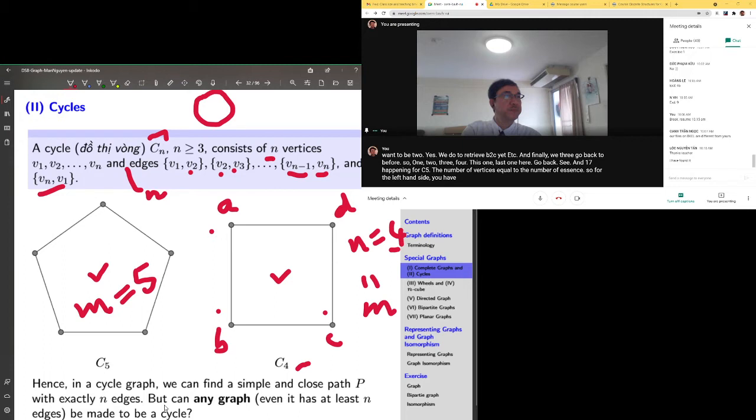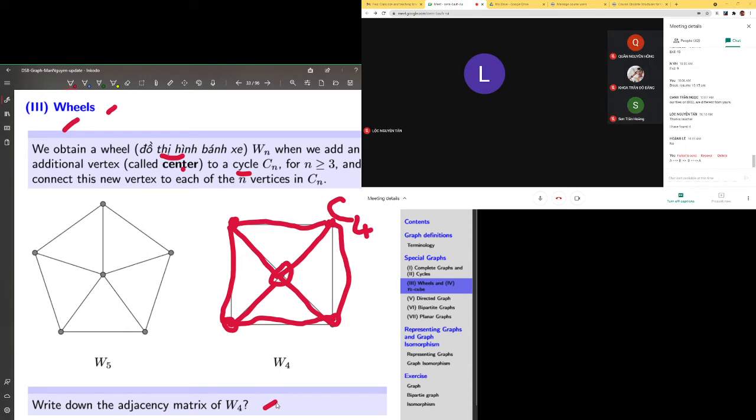So that's all. So we can say the wheel will be the union of a cycle with a center. Okay, I am drawing the way we make the W form. See? And then the small exercise will be to write the adjacency matrix of this one.